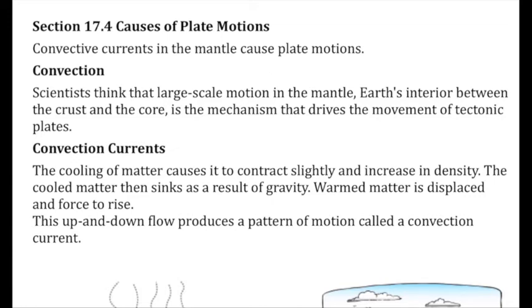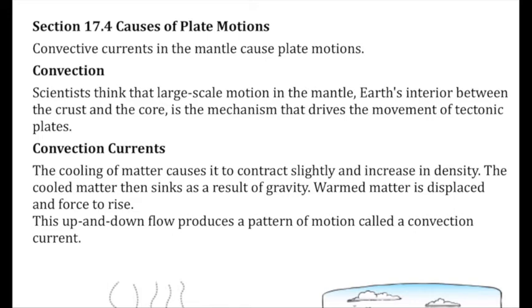The Earth is thought to be in layers of different material. You have the crust on the outside, the mantle underneath the crust, and then a couple of layers of core underneath that, all made out of different materials with different densities, and the lighter floats on top of the heavier.